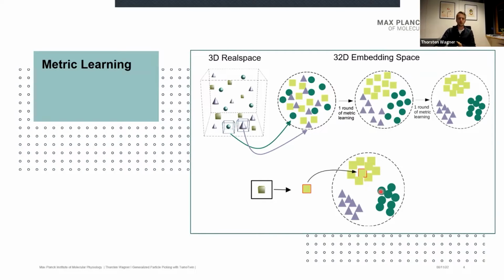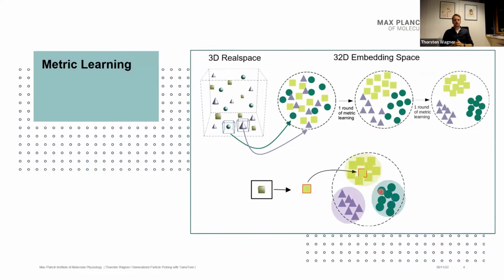Or we try to apply modern clustering techniques to detect those individual clusters. TomoTwin supports both workflows. But before we discuss the individual workflows, I wanted to talk about how this is actually learned.